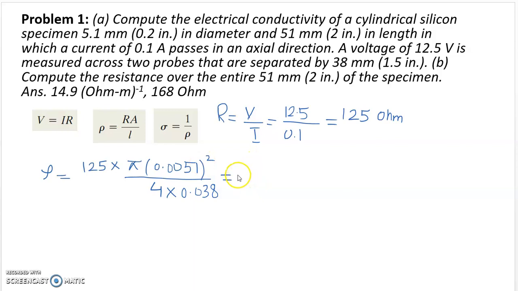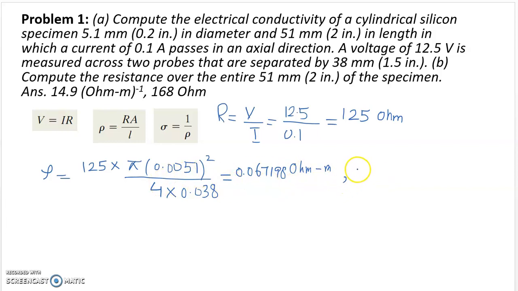So the resistivity value will be 0.067198 ohm meter. Resistivity units are ohm meter.